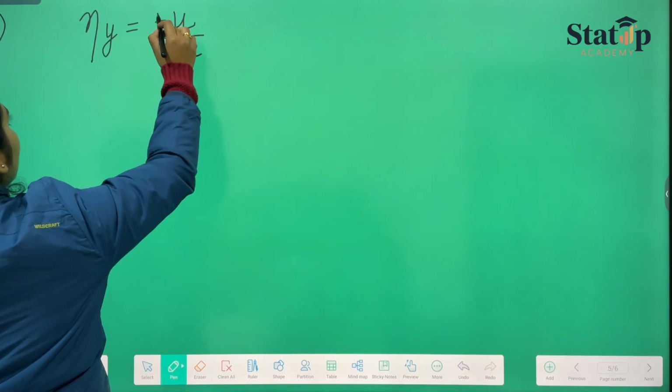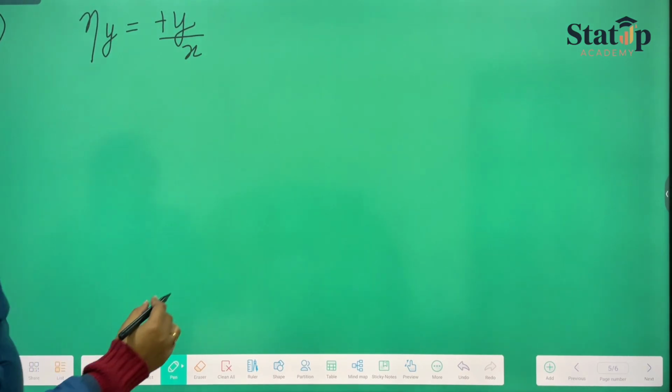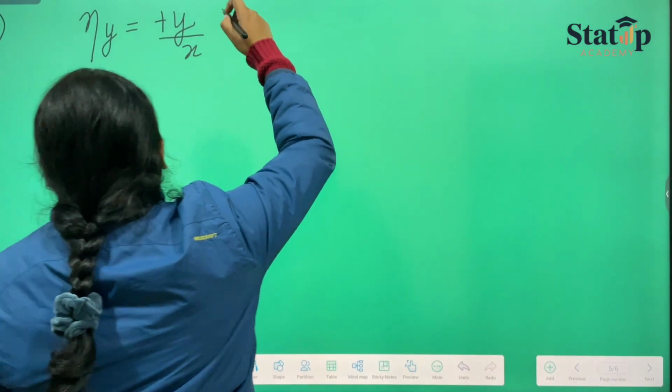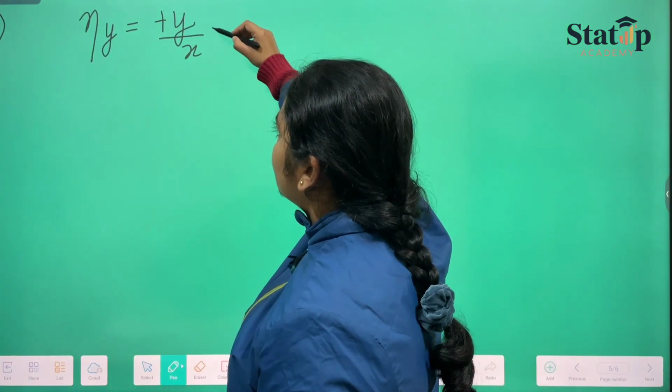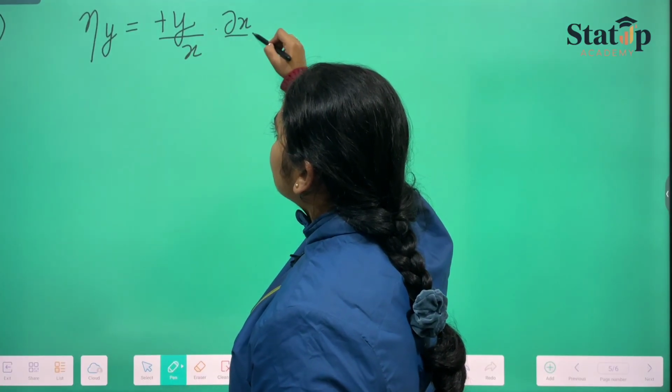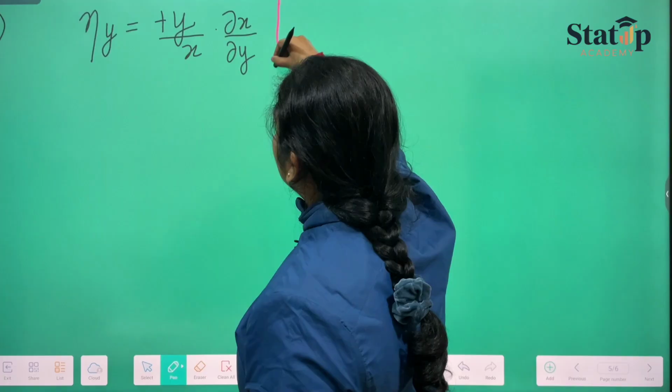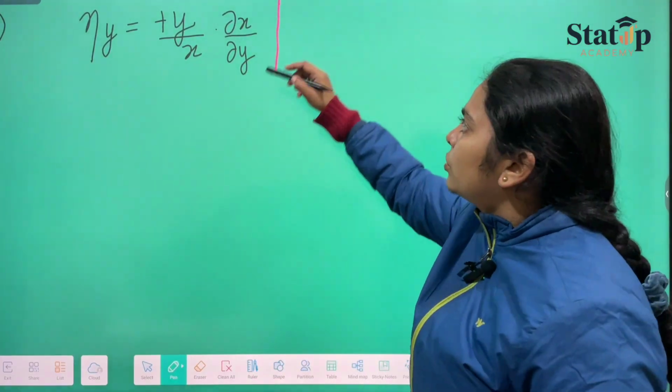Since we know that income is directly proportional to demand, more the income, more is the demand, a plus sign is used, with delta x upon delta y. Now again we have to differentiate x, but this time with respect to y.